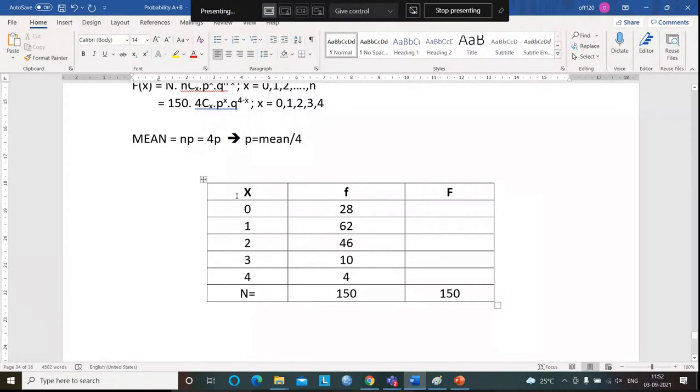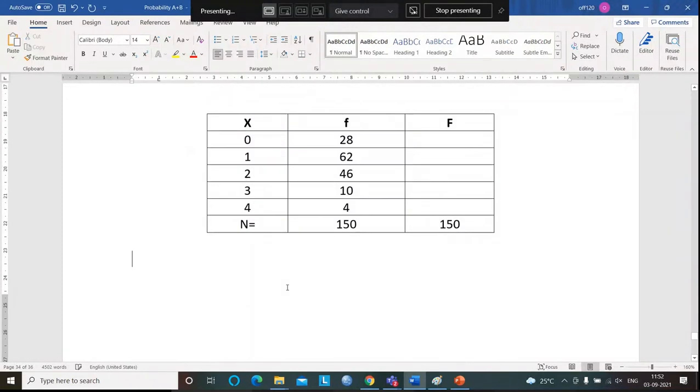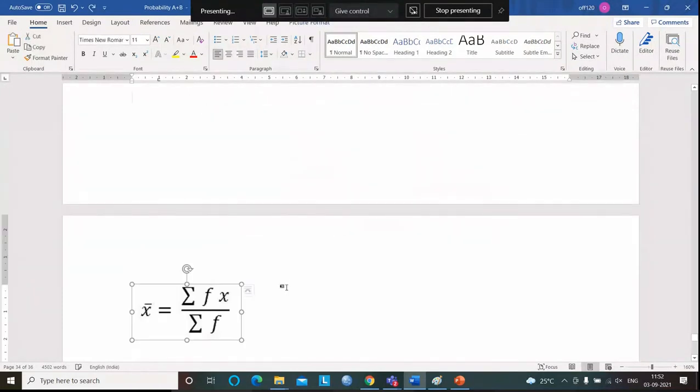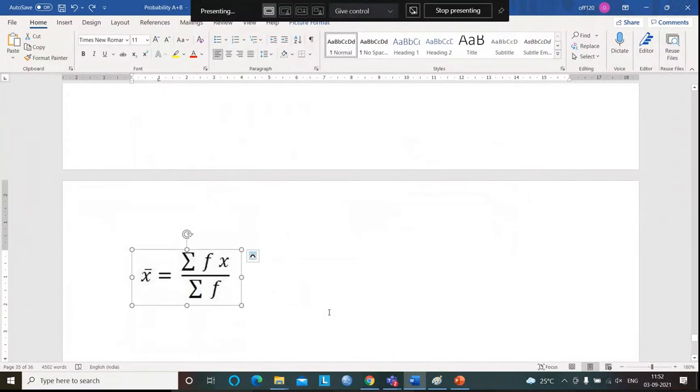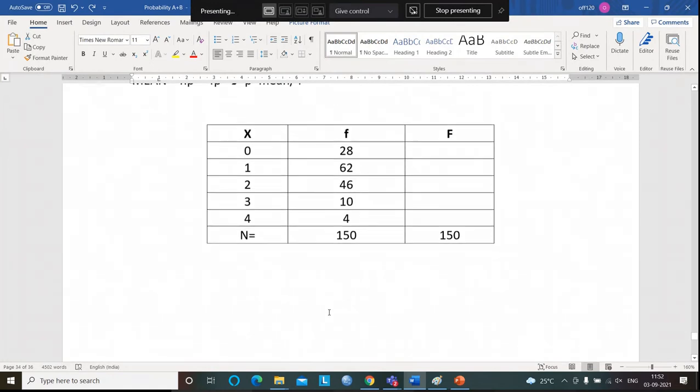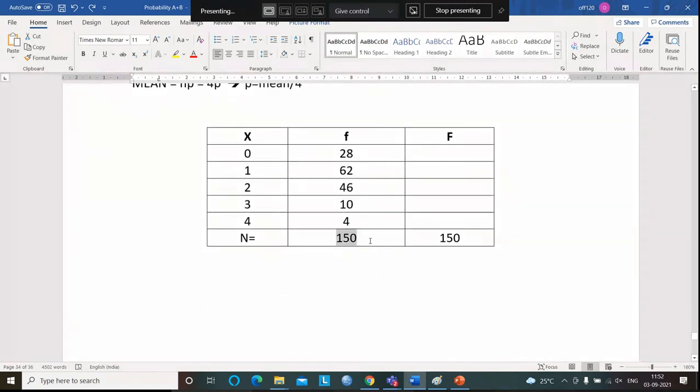Very simple. See, if x values and f values are given, it is an ungrouped data where I can use the formula of mean, that is x bar is equal to summation f into x by summation f. By using this formula, I can find out the value of mean from the given distribution. Here capital N is equal to 150, which is given.